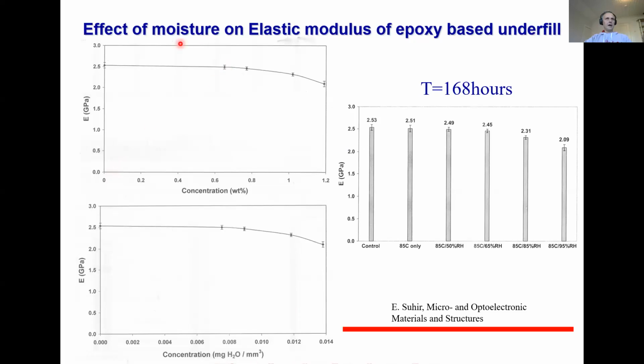In the upper picture we have the Young's modulus, the elastic modulus, as a function of moisture content in weight percent, and here is the same data, but the x-axis is concentration, so basically mass per volume. Of course the absolute numerical values are different, but the effect is the same.